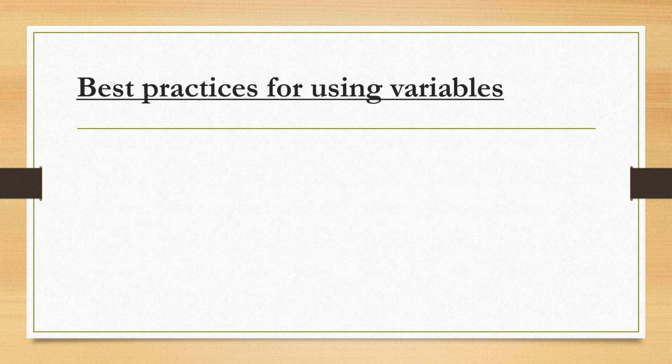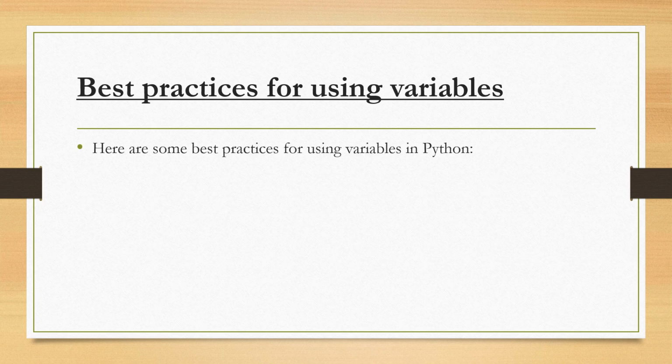Now, best practices for using variables. There are some good practices we can use for programming. Here are some practices for using variables in Python. First of all, choose descriptive variable names.